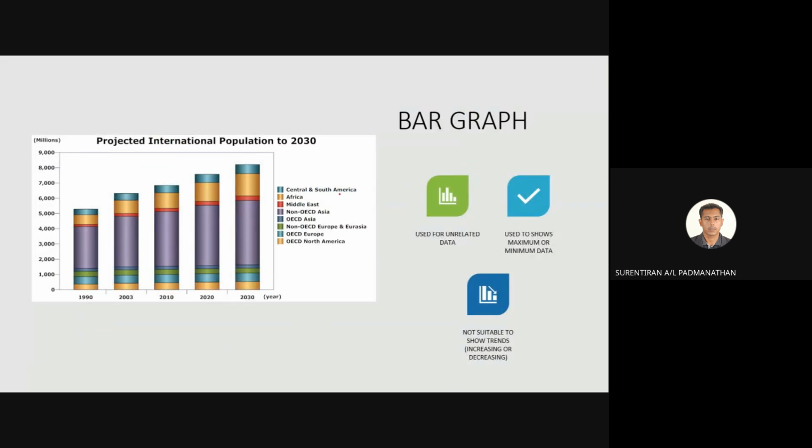So this is for the bar graph. The bar graph can be used for unrelated data, used to show maximum or minimum data, and it is not suitable to show trends.